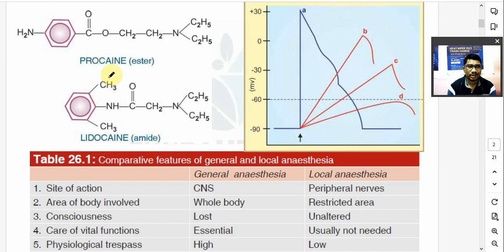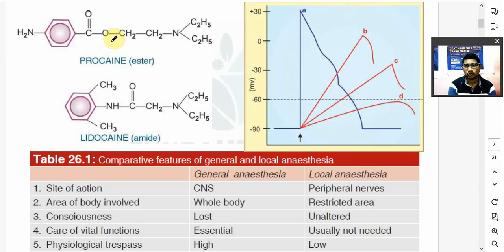General anesthetics produce anesthesia all over the body. That's why they are known as general anesthetics, and they act on the central nervous system particularly. Now local anesthetics are the drugs used locally for producing anesthesia, for producing numbness.